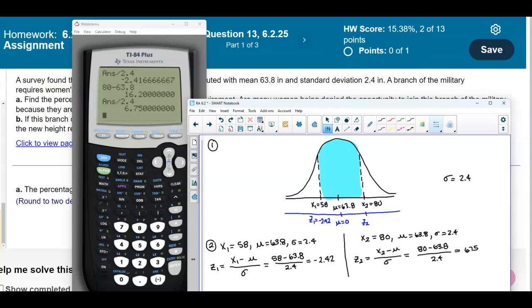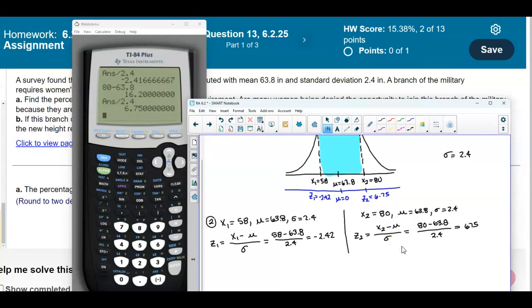And the z-score associated with 80 is 6.75. So therefore, what we want to do is find the percentage between those values. So we want to find the probability where the lower limit of z is negative 2.42 and the upper limit is 6.75.